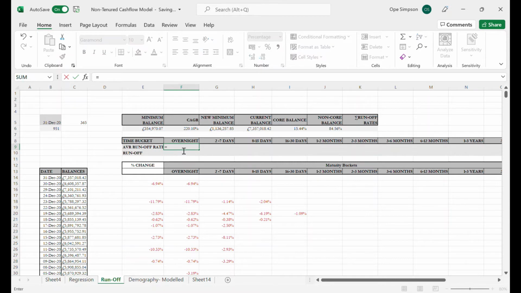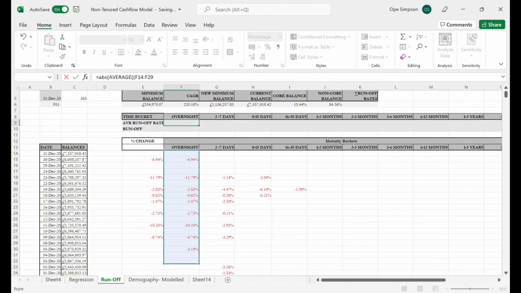find the average of all attritions, the absolute value of all negative attritions throughout the time period.